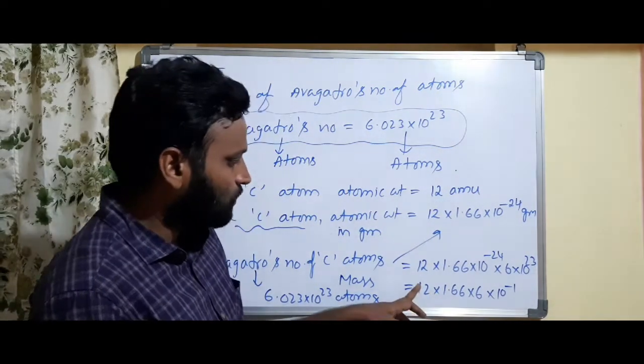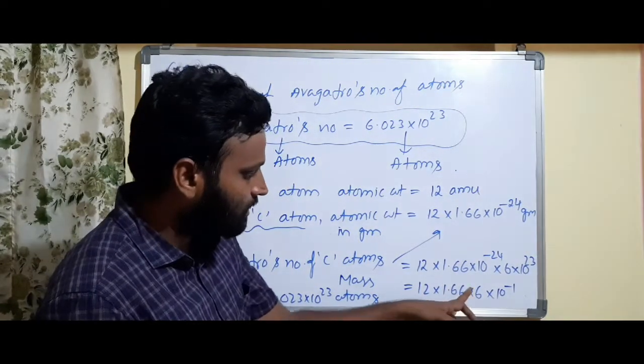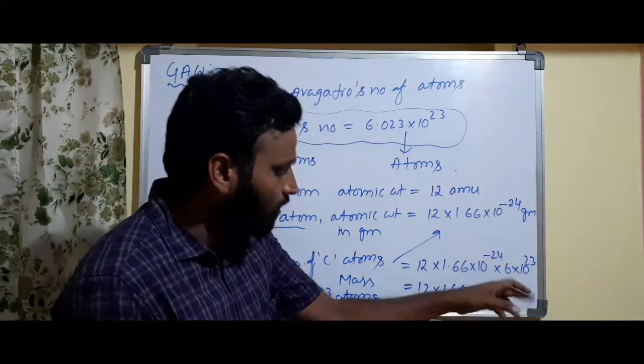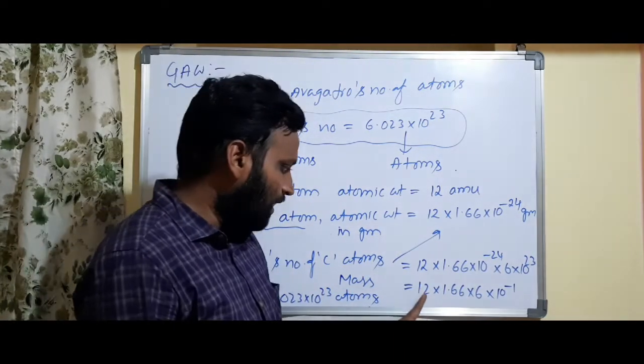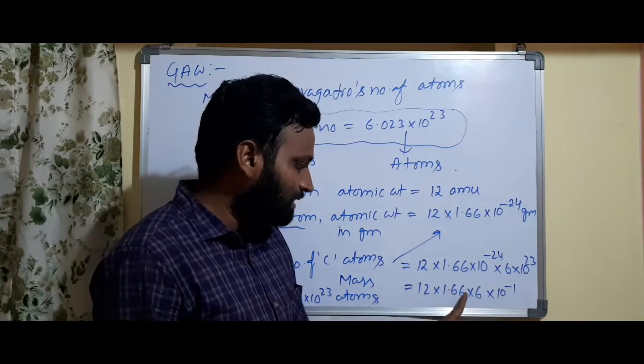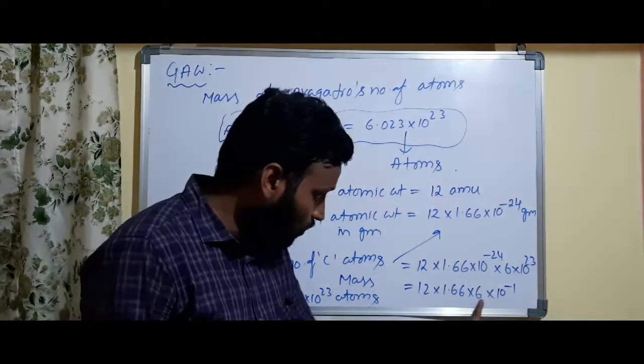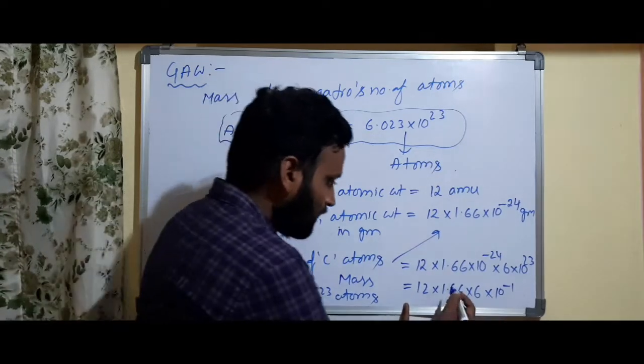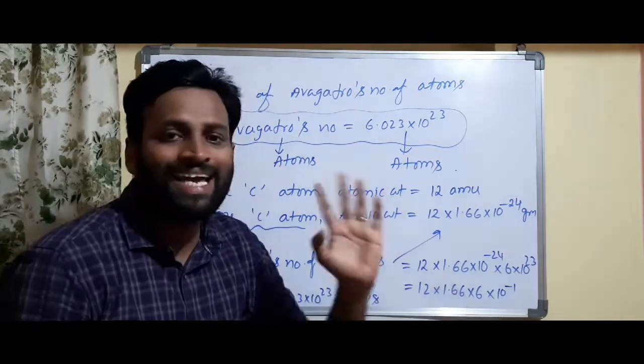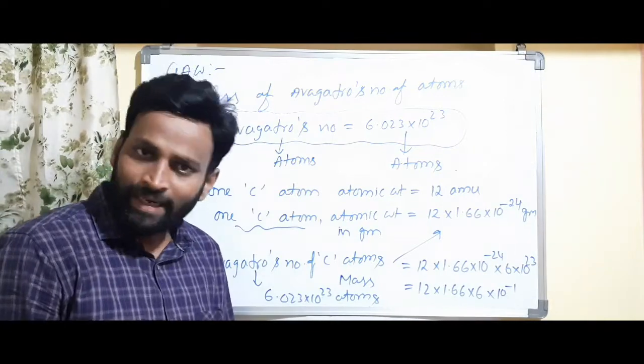Correct what I am saying? So 12 into 1.66 into 6 into 10 power minus 1. So simple, 12 into 1.66 into 0.6. Do you know the interesting thing? Again this total value will be 12 because this and this 0.6 will cancel. Getting what I am saying?